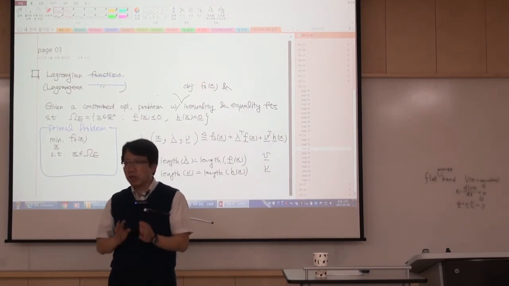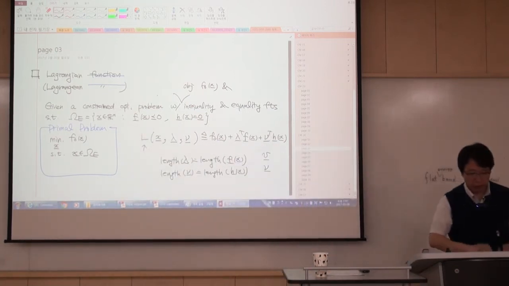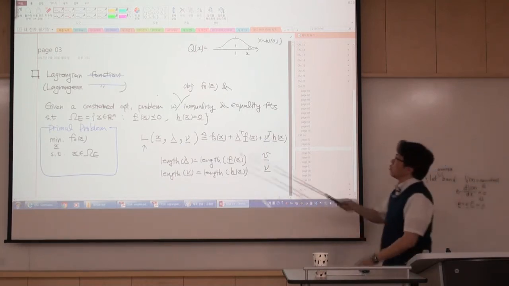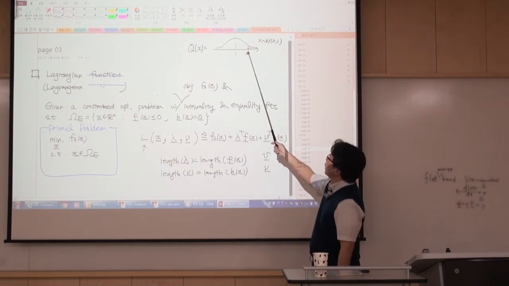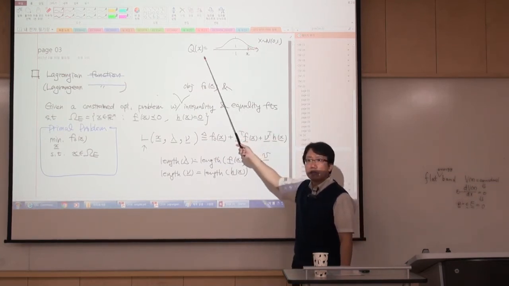It's something like this. Probably when you studied your probability course, you've seen the so-called Q function, defined as the tail probability of the standard normal distribution. So you have a standard normal distribution and define the probability of this event as the Q function.